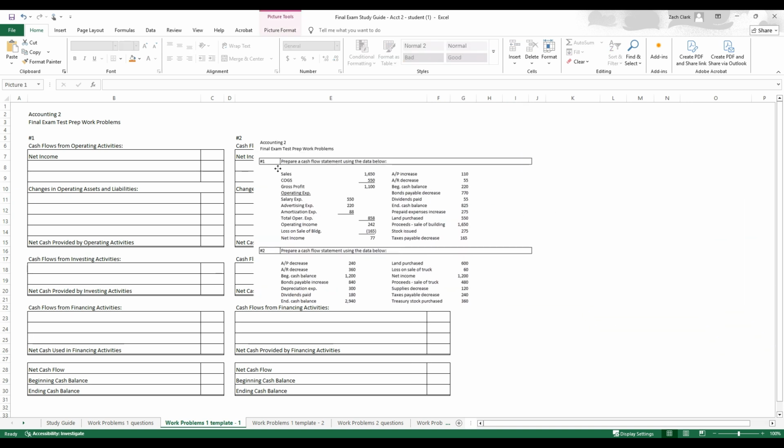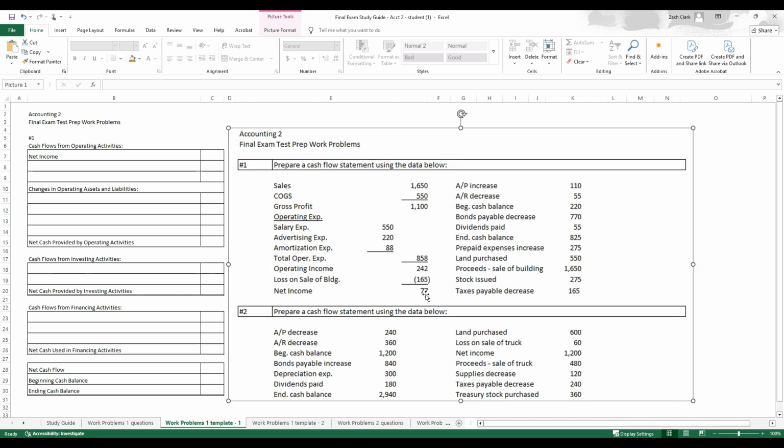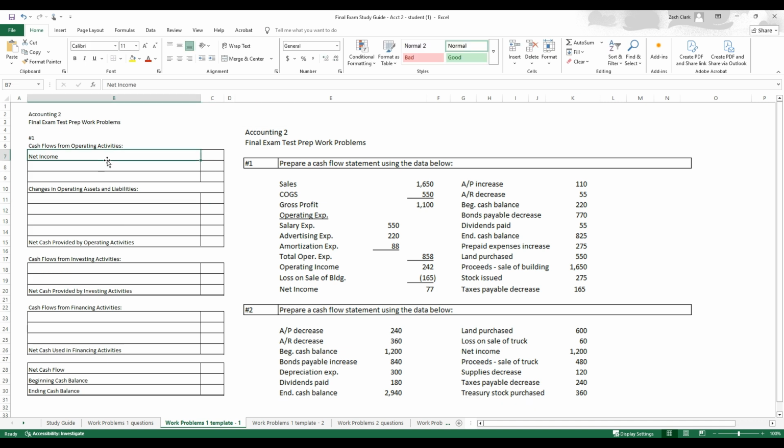I'm going to just take a little snip screenshot, bring this over so I can have this next to our template here as I go through and solve the problem. Okay, so here we've got a template to do the work in, and let's go through and figure out what our actual cash flow from our operations was here.